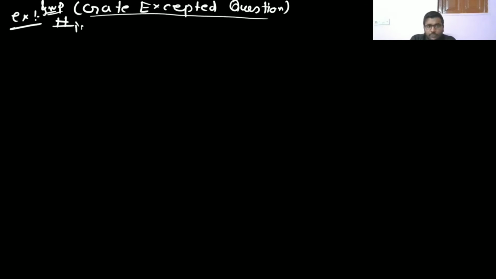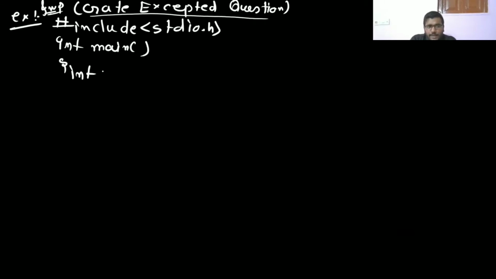So here, #include <stdio.h>, then int main. When I teach you functions, I will explain all these things. Then int i and j. Then printf, "enter the value of i".